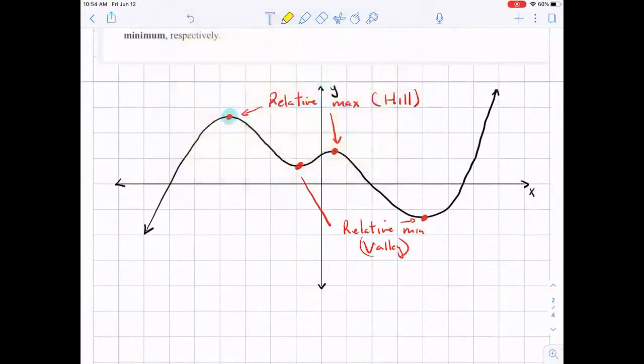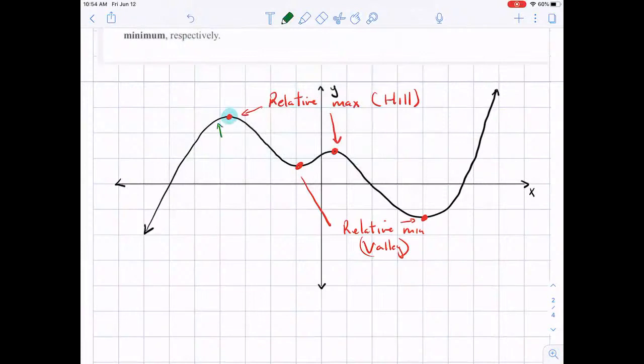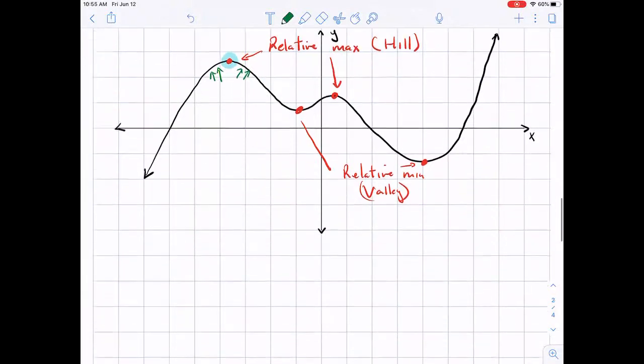You're comparing it with surrounding points. So you're looking to the left of it and you're looking to the right of it. Always. And that is why the end point, usually the end of a graph, will never be a relative. Endpoints cannot be relative.